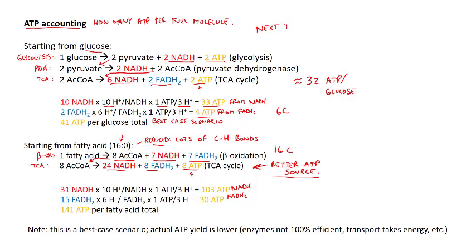So what we're going to talk about in the next lecture is one metabolic use of ATP, and that is glucose synthesis. That is our only example of an anabolic pathway that we will look at in this class, and that is chapter 17.